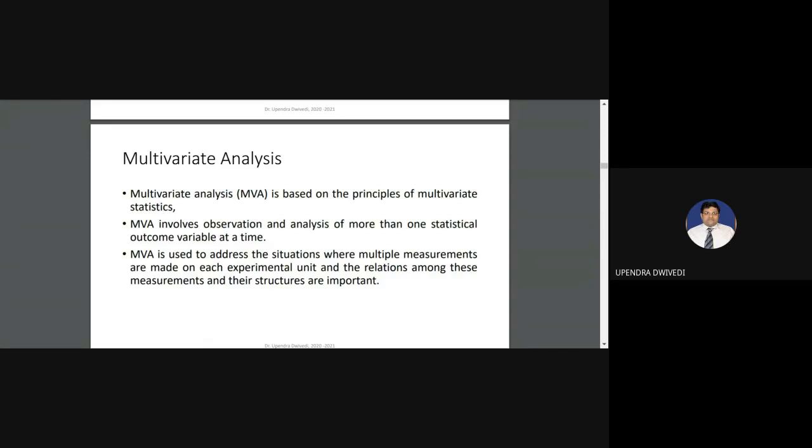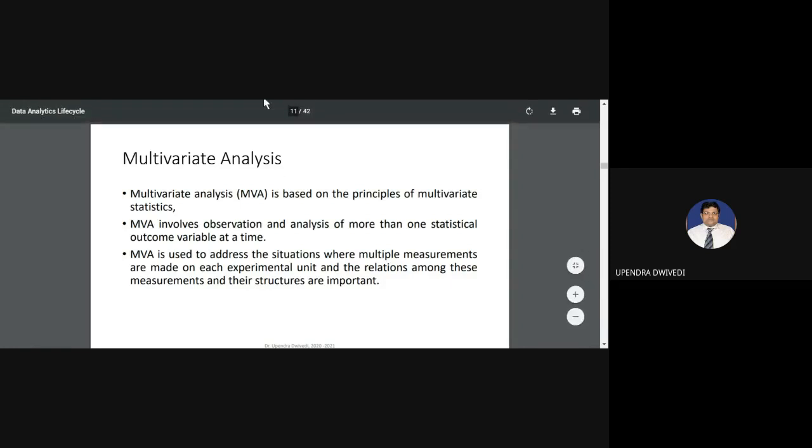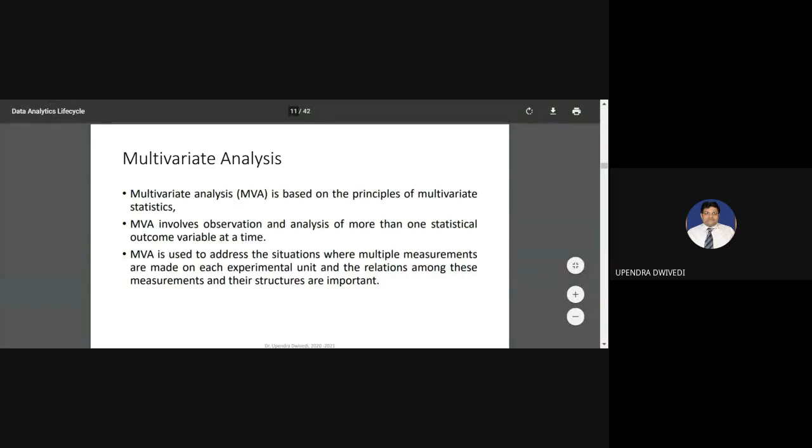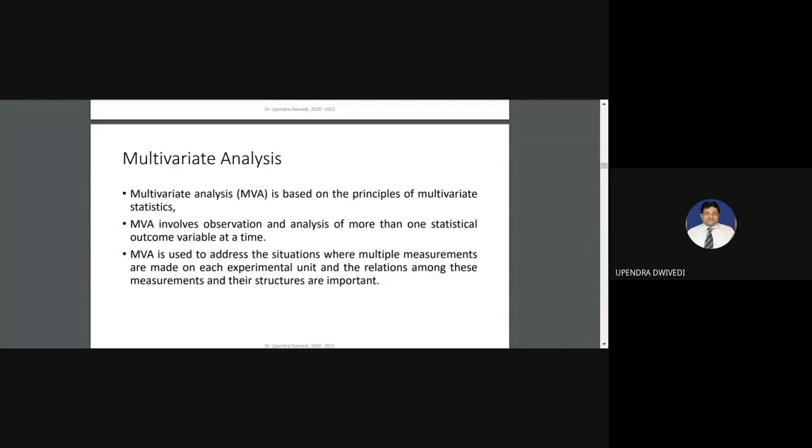In a multivariate analysis, it is also possible that we have more than one predicted variable and more than one predictor variable. So we have to apply statistical approaches to find the relationship between the output variable and the predictor variables. It is used to address situations where multiple measurements are made on each experimental unit.